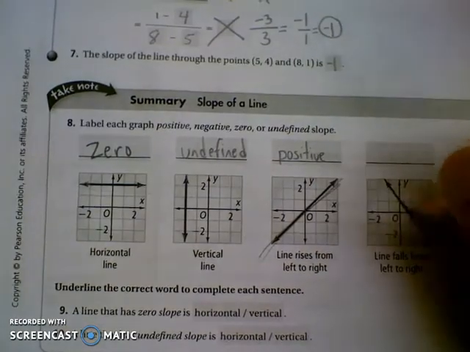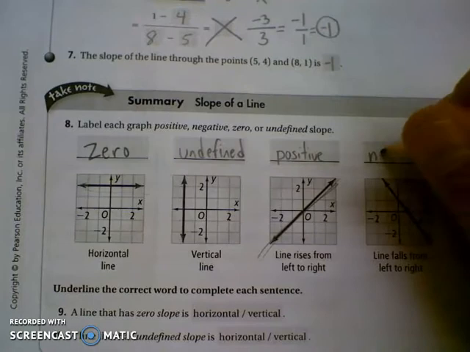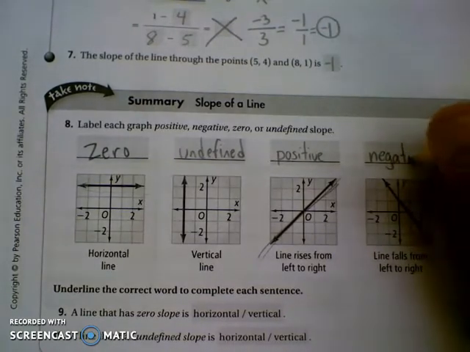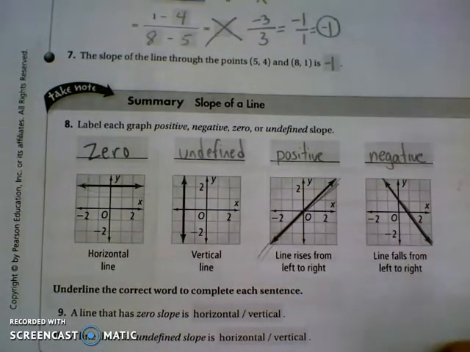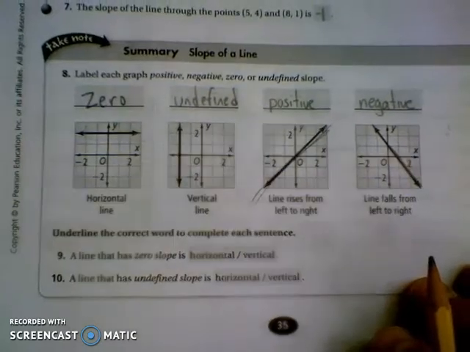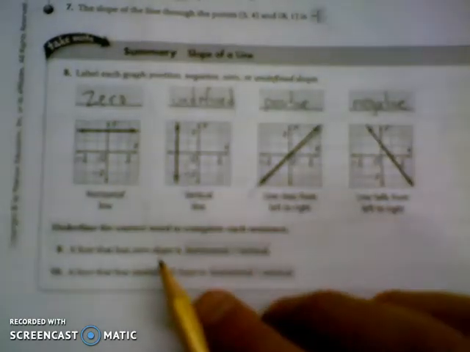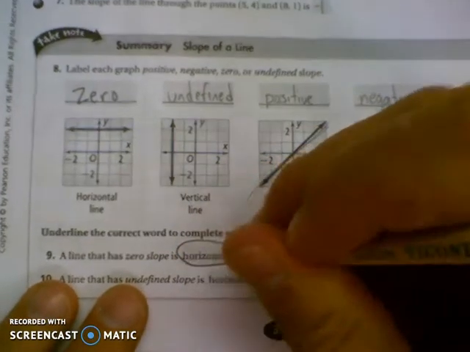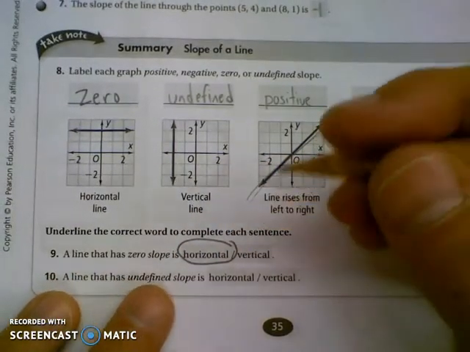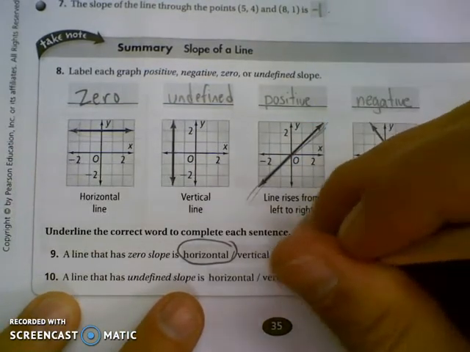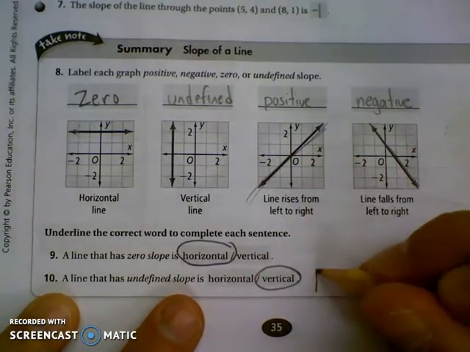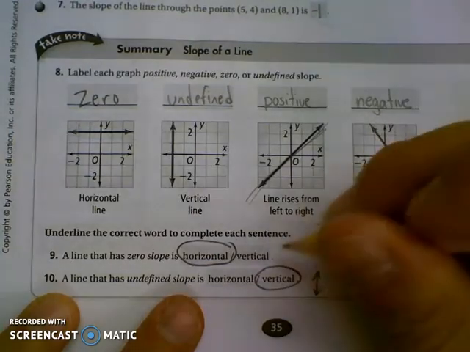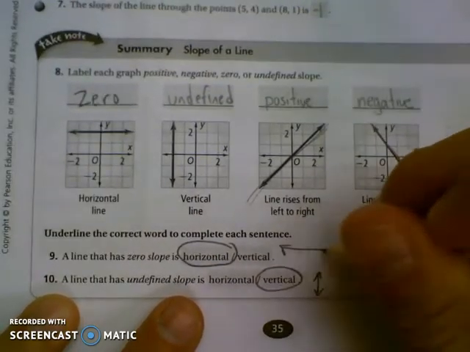And going down from left to right is going to be a negative slope. A line that has a 0 slope is horizontal. And a line that is undefined is going to be vertical, straight up. Undefined looks like this. 0 looks like this.